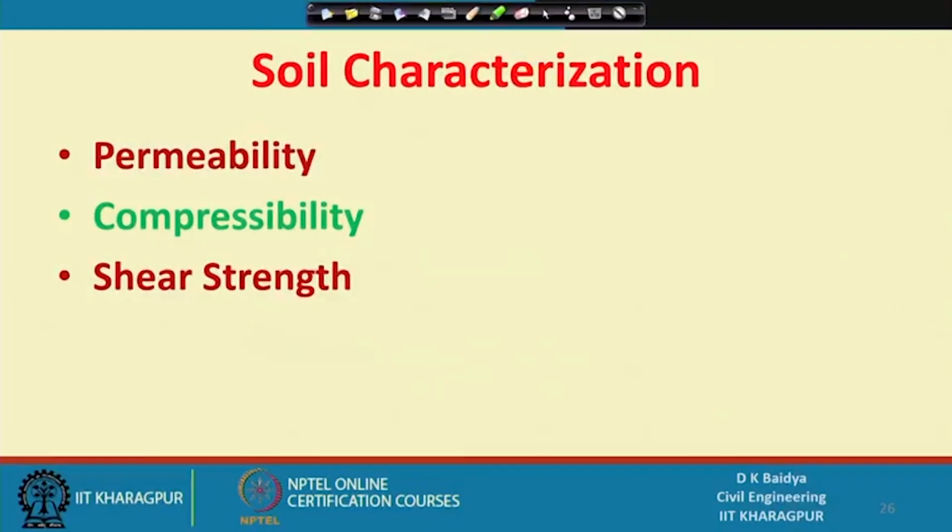So, we have to understand the permeability characteristics, the compressibility characteristics, and the shear strength characteristics. Again, under these, what parameters are involved and how to determine those parameters, all those things we will discuss one by one in subsequent lectures.